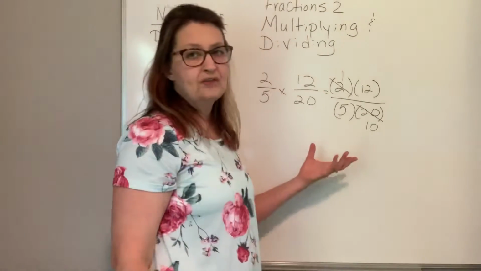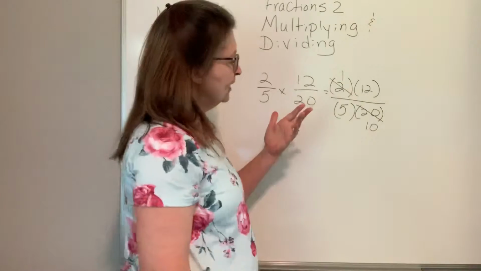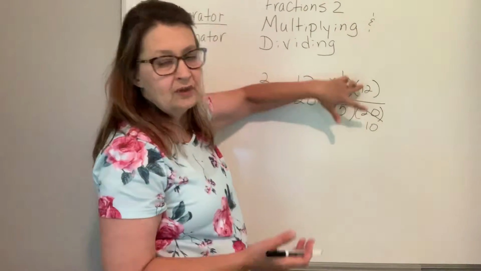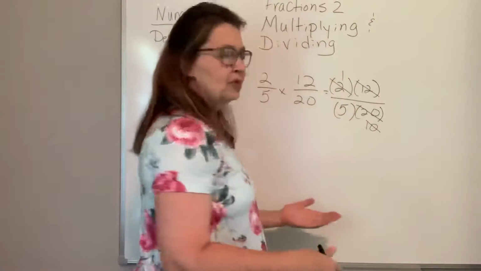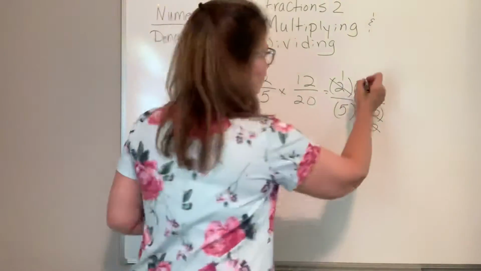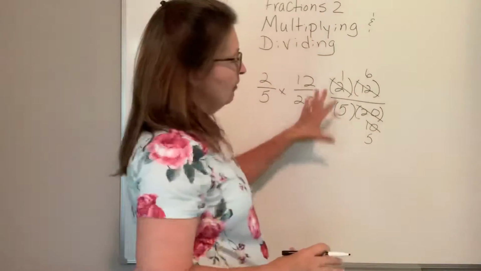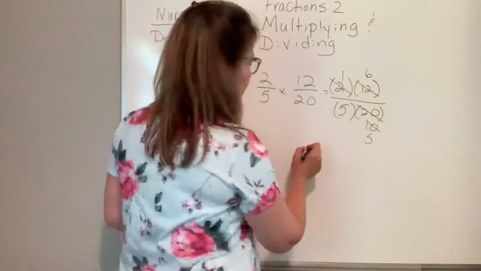Okay? Then at this point, I can multiply and reduce. Or I can look at it again and think, well, 2 and 10 have numbers that go into them. 2. So if I divide both of these numbers by 2, 12 divided by 2 gives me 6. 10 divided by 2 is 5. Now, I've reduced this down a whole lot at this point when the numbers are smaller.